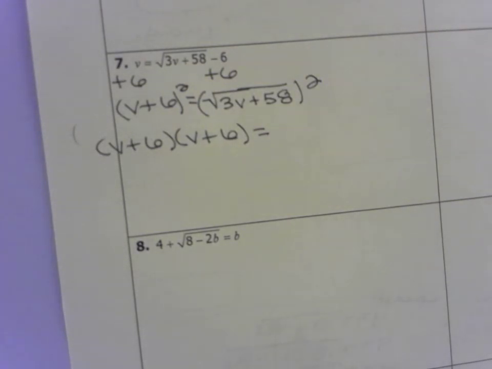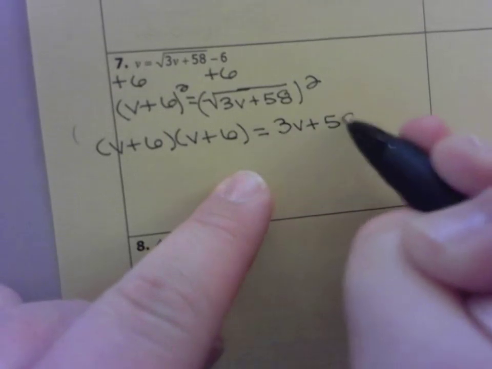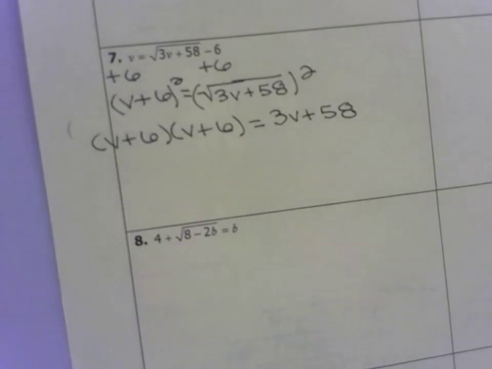So now, on the right side, we'll deal with FOILing in a second, but on the right side, I'm going to have 3v plus 58. You're squaring the square root, so they cancel out, so you're left with what's on the inside.